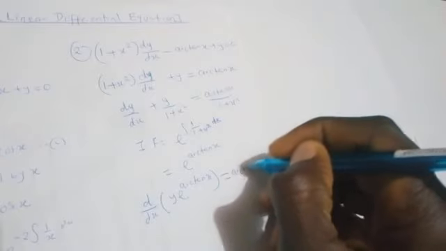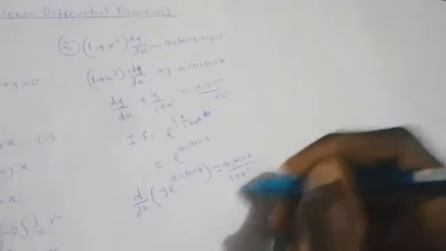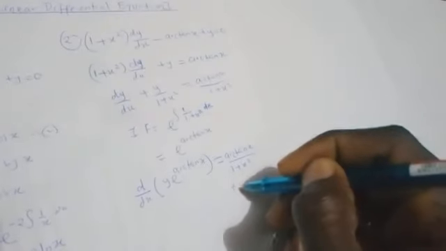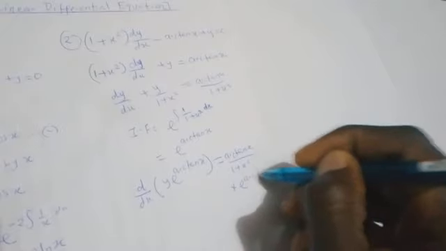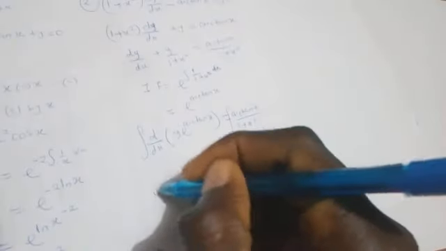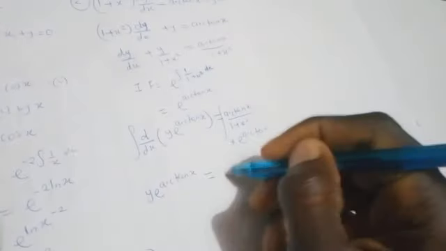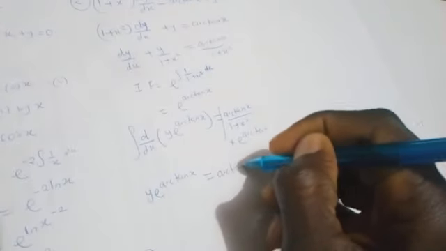So tan x divided by 1 plus x squared, multiplied by exponential arc tan x. Well, this is sorted out if I bring the integral. So I have this side to be y exponential arc tan x, and that is equal to this side: arc tan x over 1 plus x squared multiplied by exponential arc tan x.